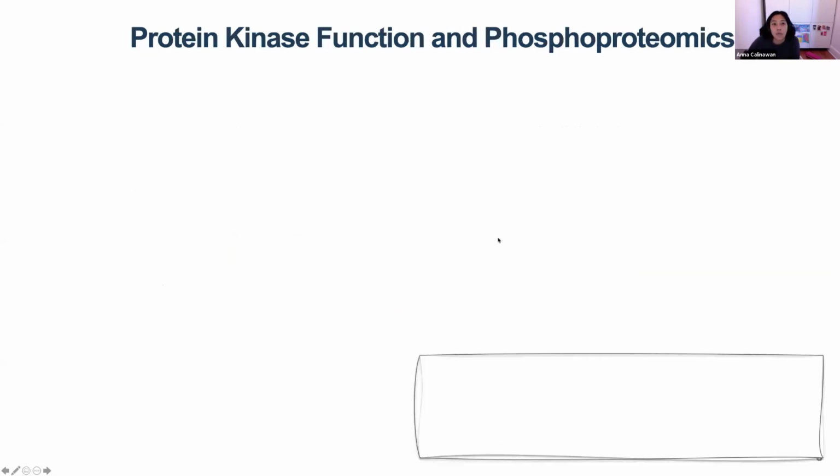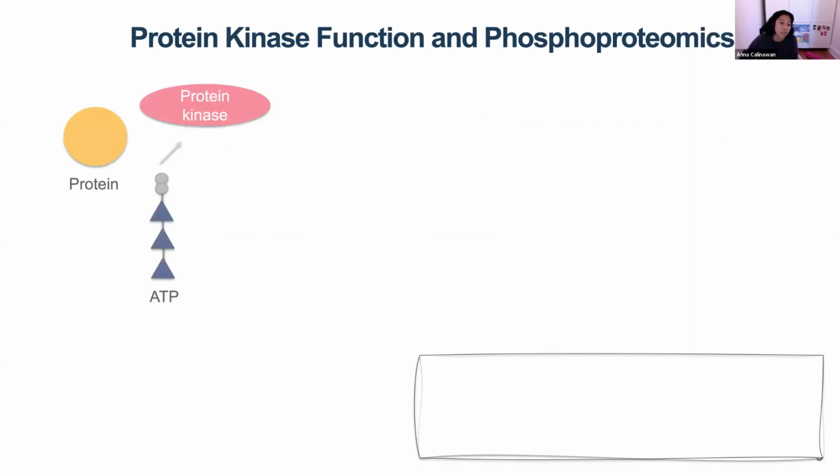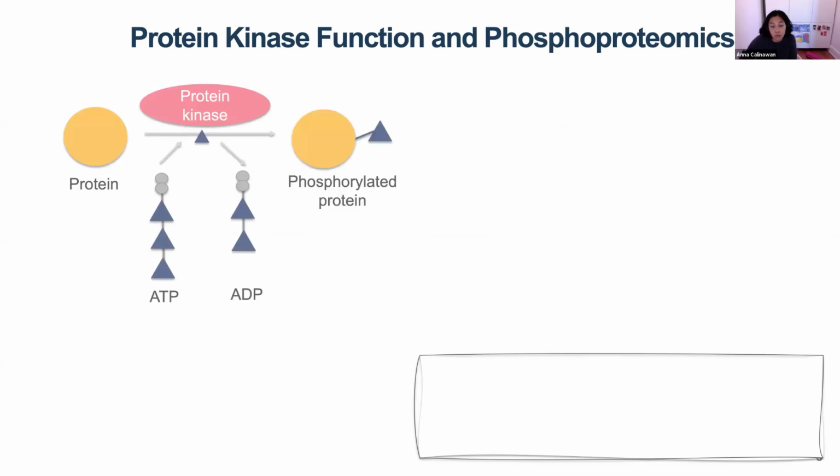So first, let's talk about protein kinase functions and what a protein kinase is and why we're so interested in this. Essentially, a protein kinase is something that takes another protein and catalyzes the transfer of a phosphate group from ATP to that protein, resulting in a phosphorylated protein. This is a particularly important process because it's a major determinant of cell state.